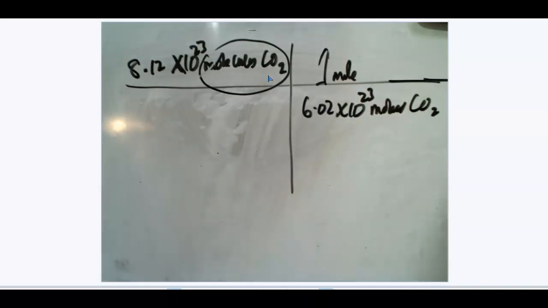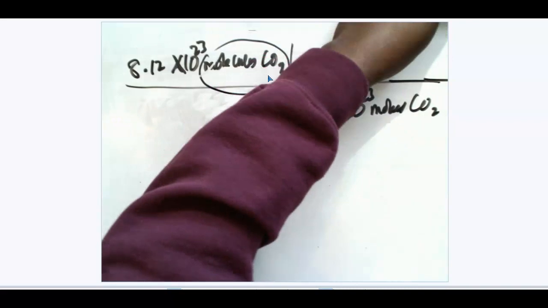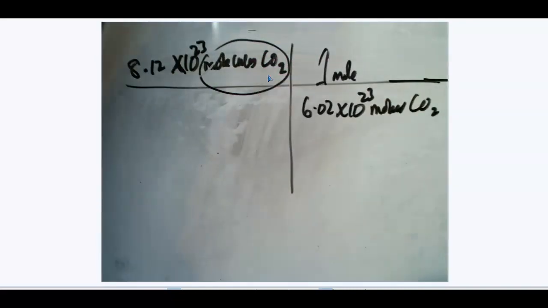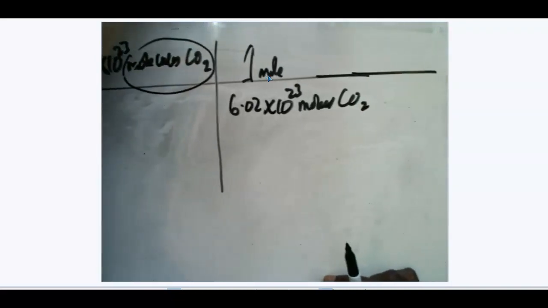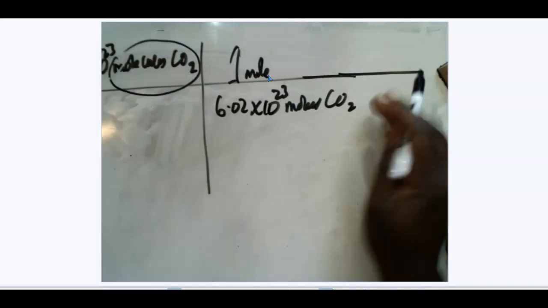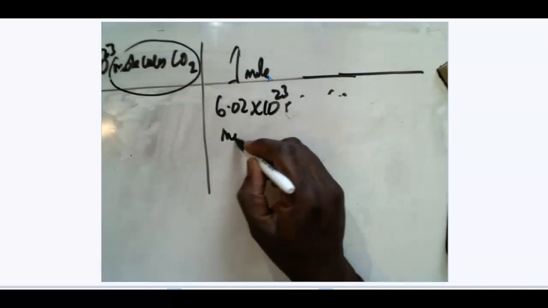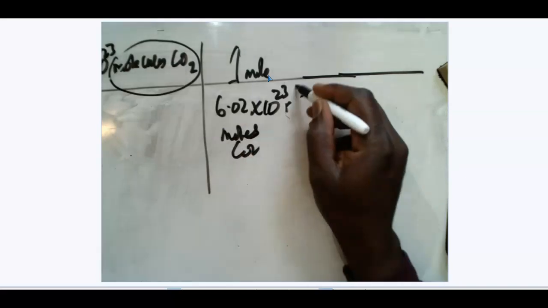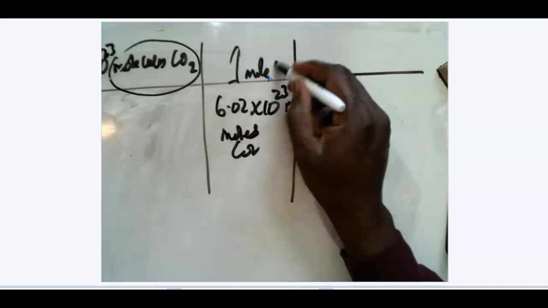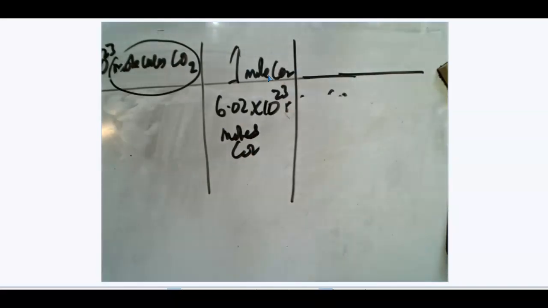So the next thing to do, let me shift my camera. Next thing to do, let me write it this way. This is moles of CO2, to find the mass.